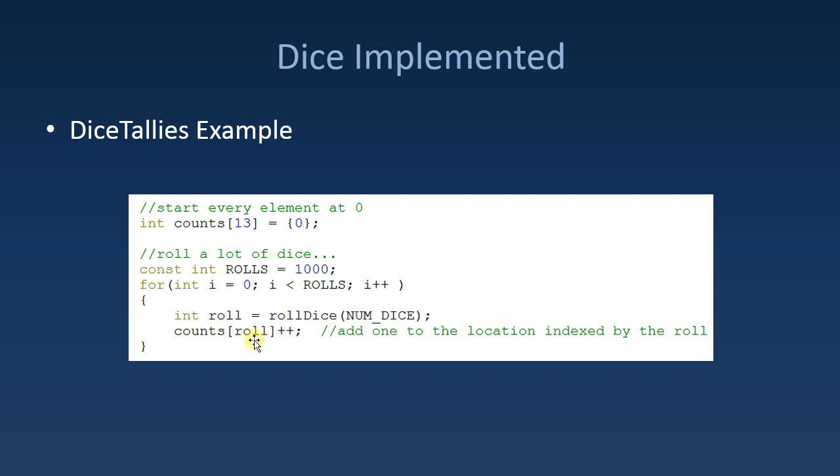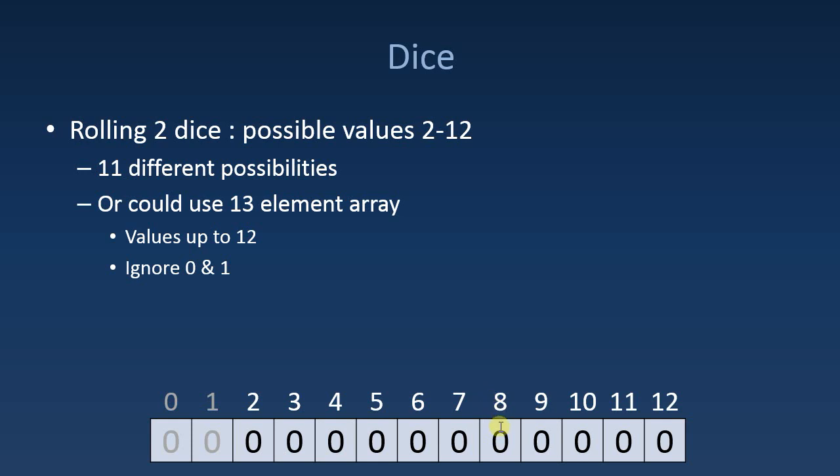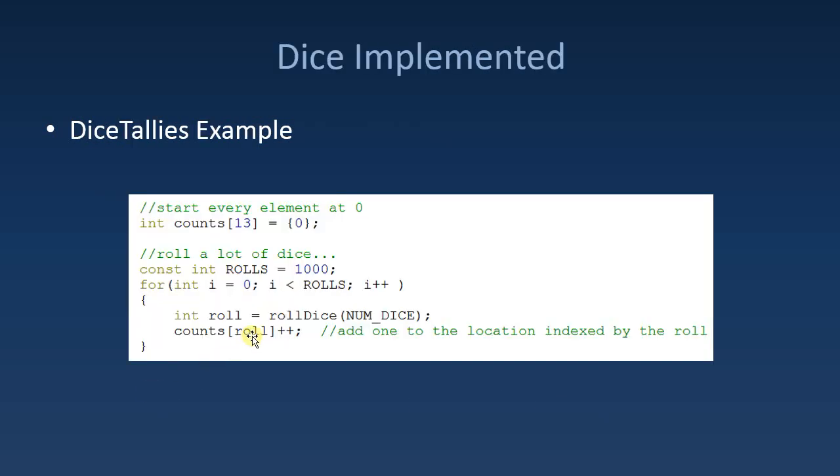So if I roll an 8, I want to increment the 8th counter by 1. If I roll a 12, I'm going to increment element at index 12 by 1. So I don't even need an if-else, right? Whatever number I'm working with, I can use to index directly into that array and skip all the if-else that would be involved with a bunch of different variables.